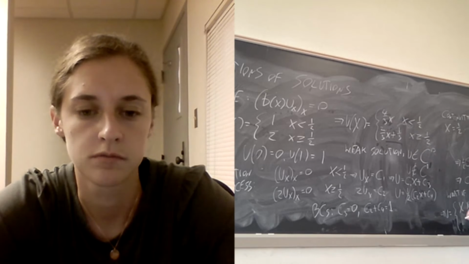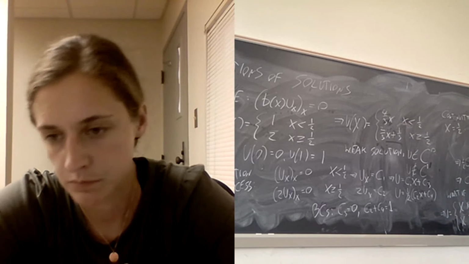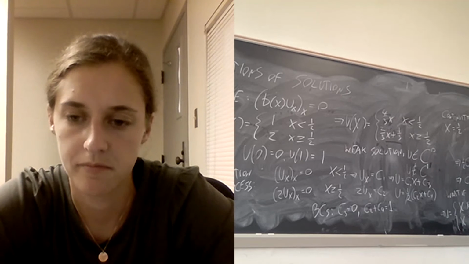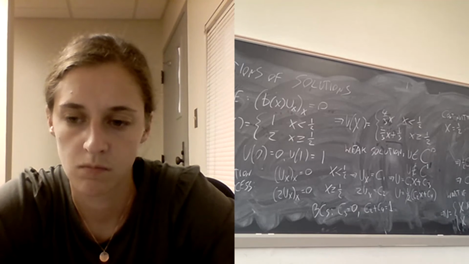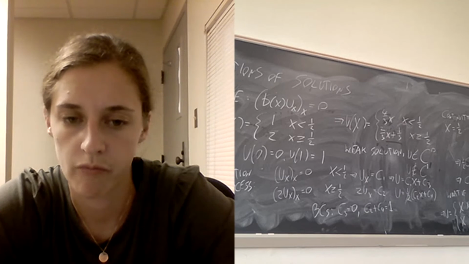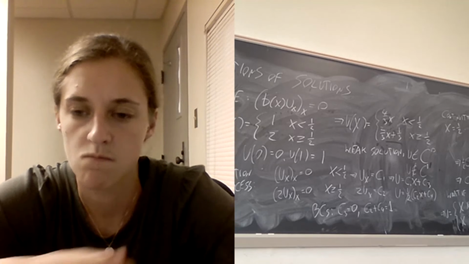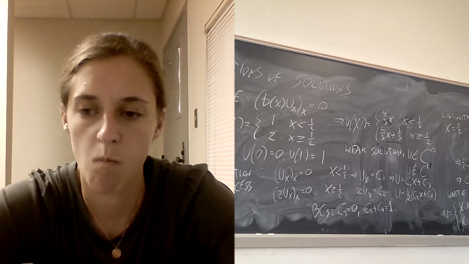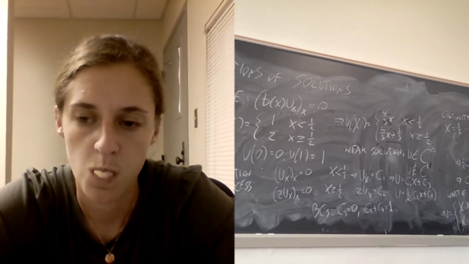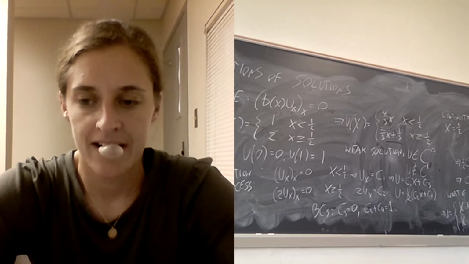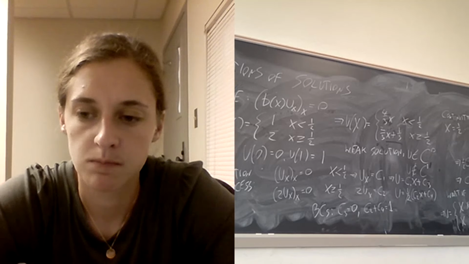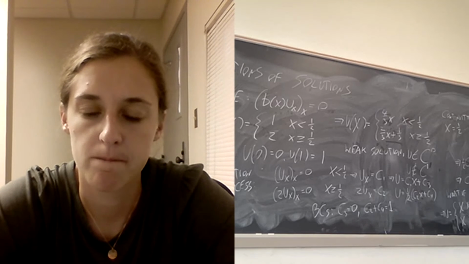And then it would be equal to x again for x at least 1/2. So it's just plain old x. That does satisfy the boundary conditions. But, okay.